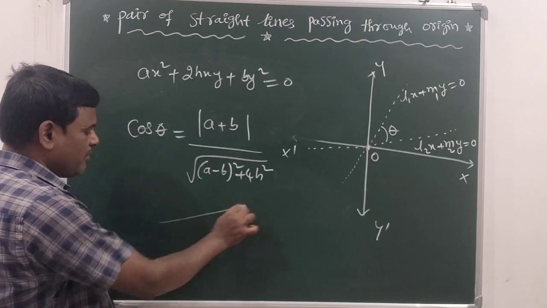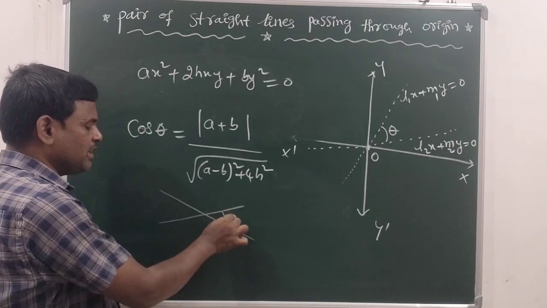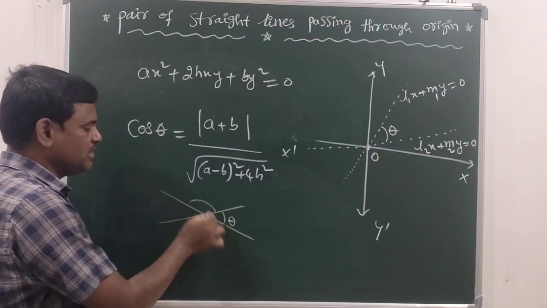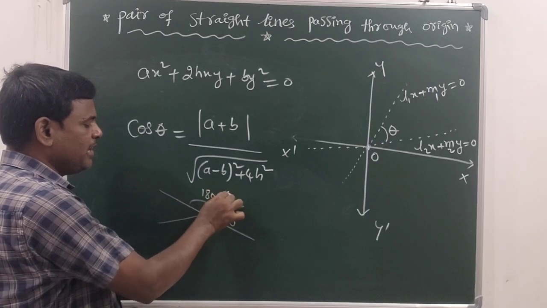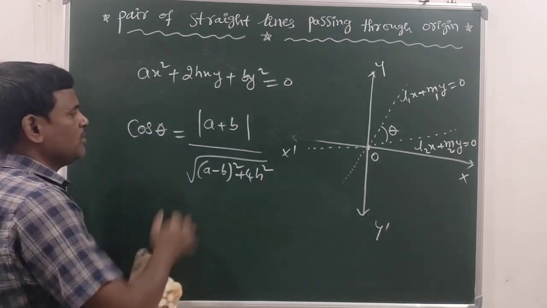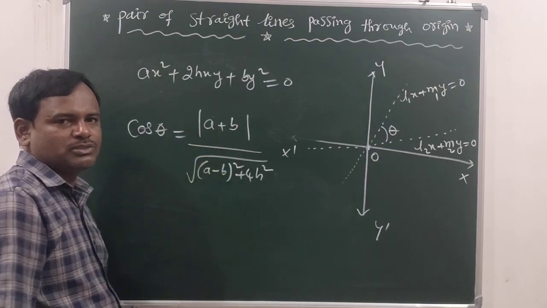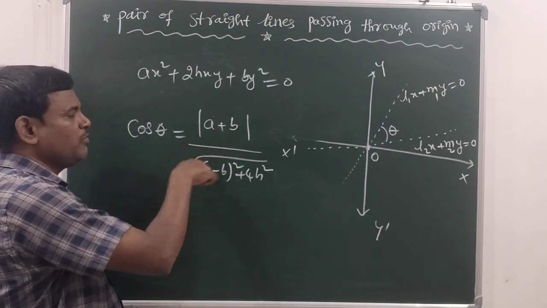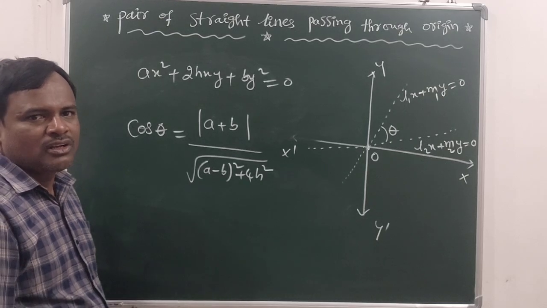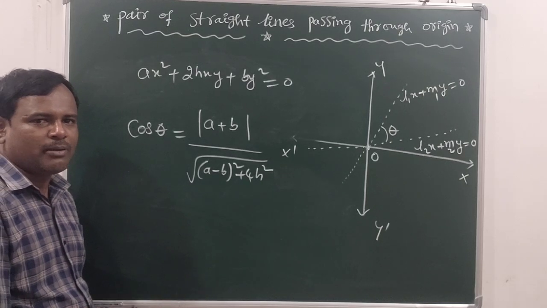You know, whenever the lines intersect each other, you get one acute angle, and one more is obtuse angle. So if it is theta, then it will be 180 minus theta. Here I used the modulus symbol, meaning it should always be positive, so that here you will get an acute angle. If you know the acute angle, you can find the obtuse.